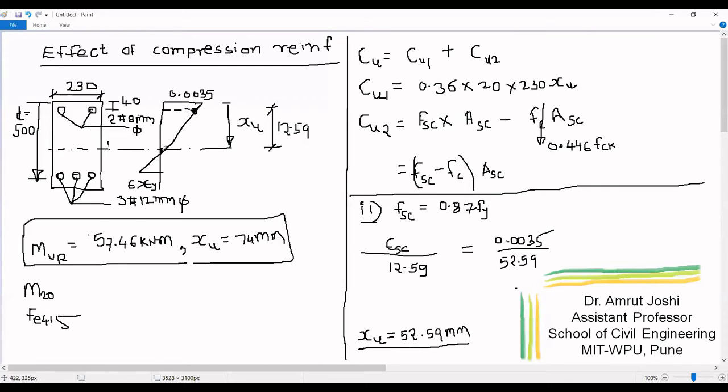We are applying similarity of triangles between this triangle 1 and this triangle 2. So by that similarity of triangle, I get epsilon SC or strain in compression steel to be equal to 0.0008.